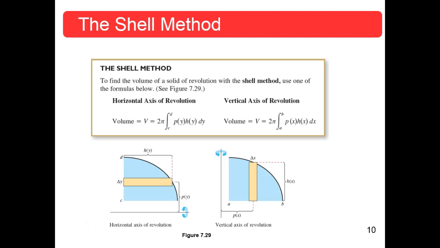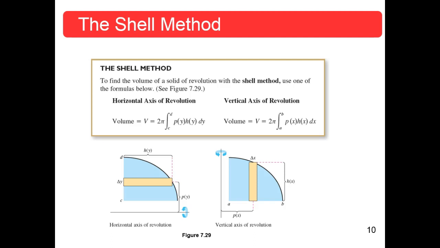Make sense so far? Okay. Now, things to note. If you flash back to your disk, if you're doing a horizontal axis of revolution, then your d's are your dx's for the disk or the washers.